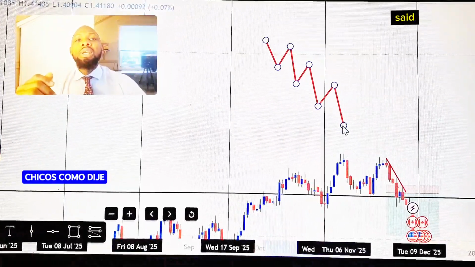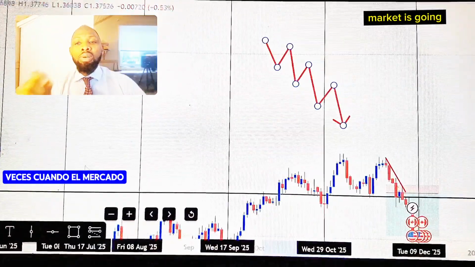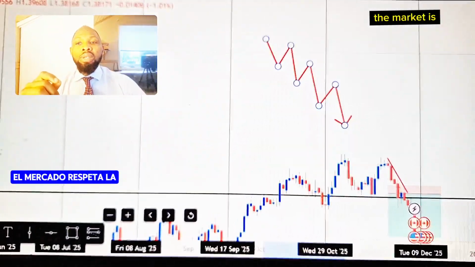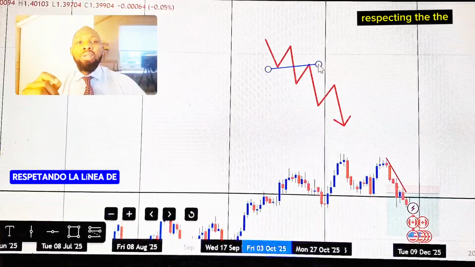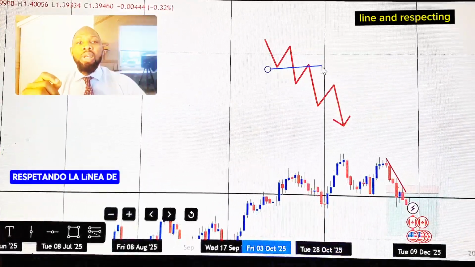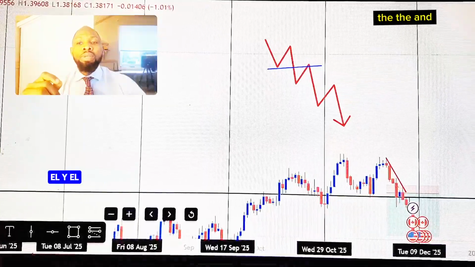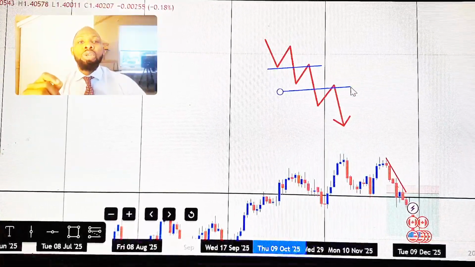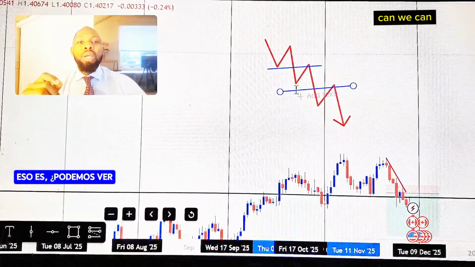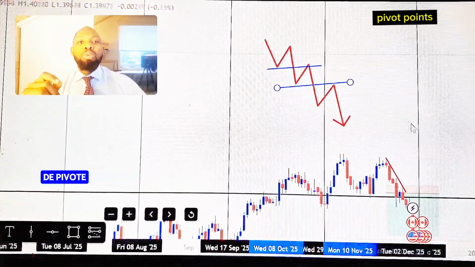Guys, as I said, most of the time when the market is going down, it is respecting the trend line and respecting what I call the structure, the way it moves. We can see that the market is respecting those pivot points.